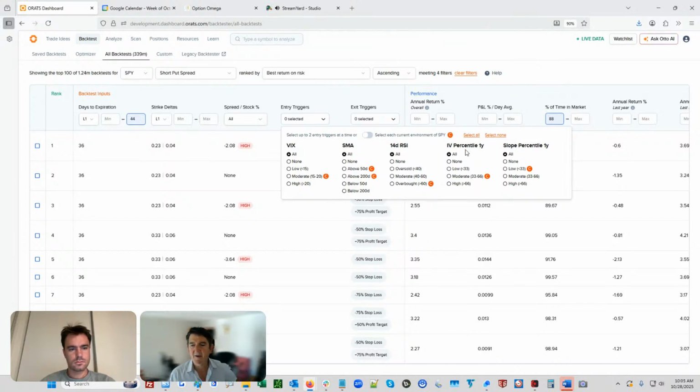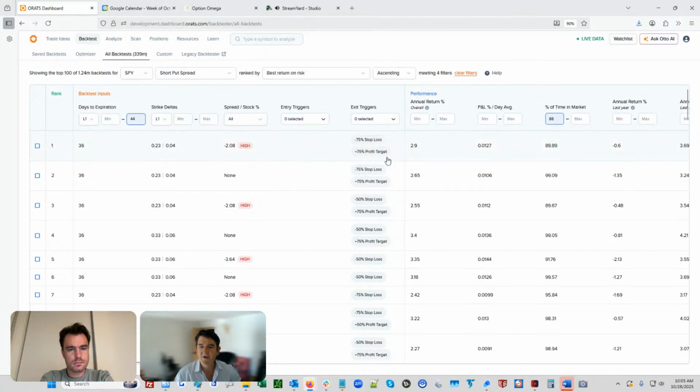And we have IV percentile. So it's kind of like the VIX, but it's different. The percentile can be low, moderate, or high, or none. And the slope, how steep the slope is. That's important for these types of trades, and also important for other types of trades. So you could set those and see how your trades do.